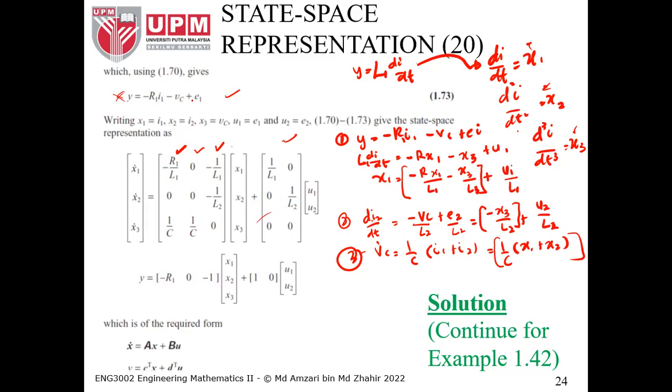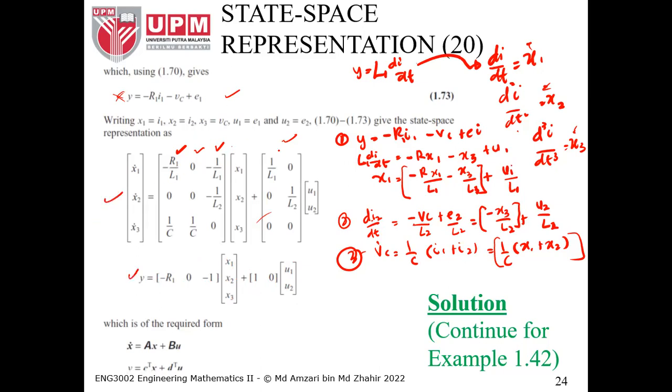For the third one, you will have negative Vc, where Vc here is x3, similar to this one, but this one has no over L. So we focus on y: negative 1 times x1, x2, x3. Then you have u1 and u2, which in the matrix will be 1, 0, since u2 is 0 and u1 is 1. So you will have this for the y equation.